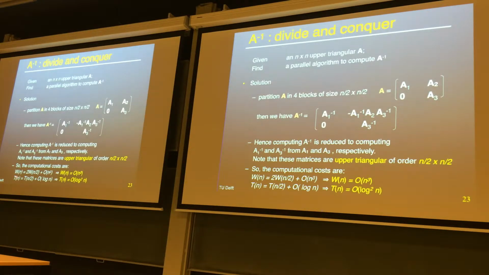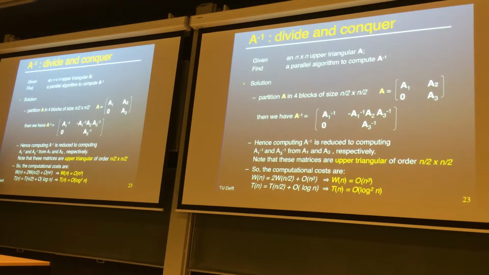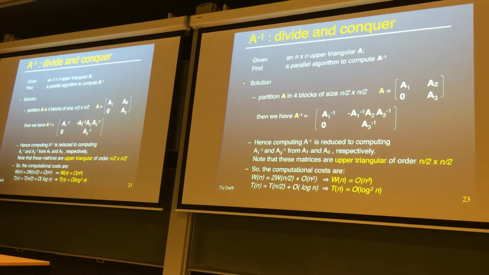Okay, but if you take parallel time, then if you have to find 2 inverses of matrices of half the size, you can do that concurrently. So T(n) is T(n/2) plus O(log n), and the O(log n), of course, is needed to perform these 2 matrix multiplications in parallel time.